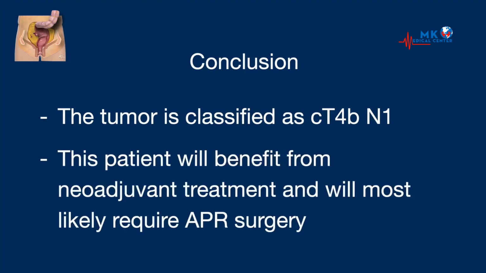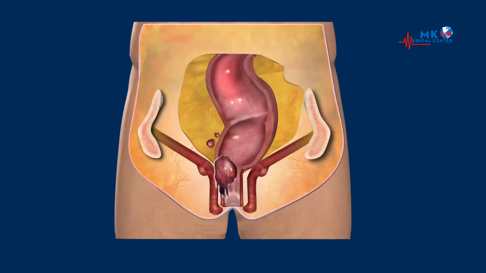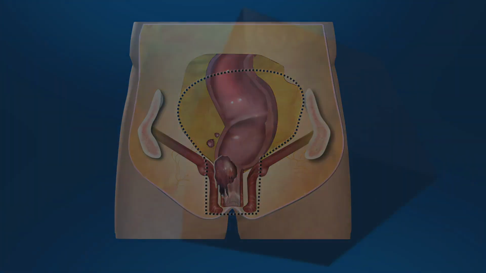And this patient will benefit from long-term chemoradiation and will most likely require an abdominoperineal resection, which is a combination of a total mesorectal excision with excision of the anal sphincter.